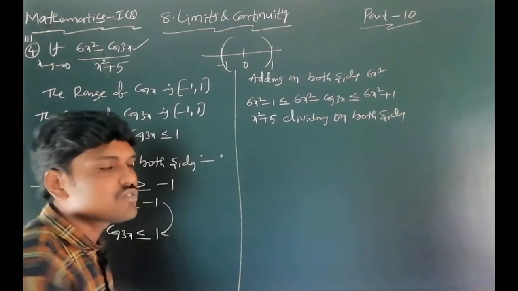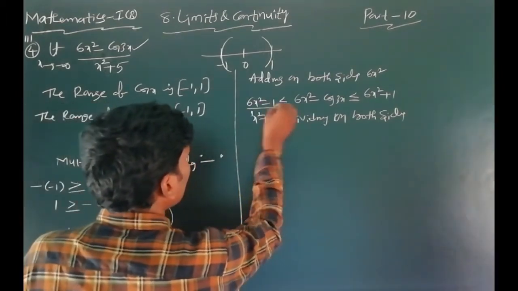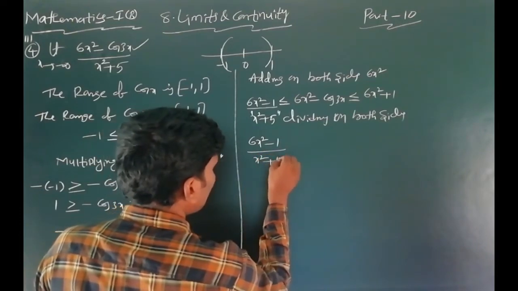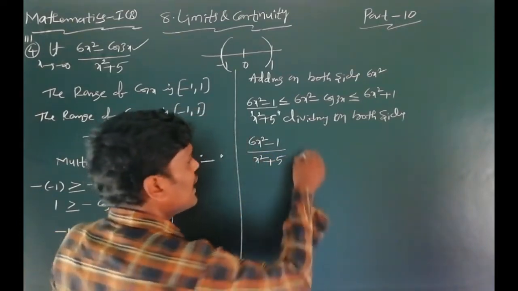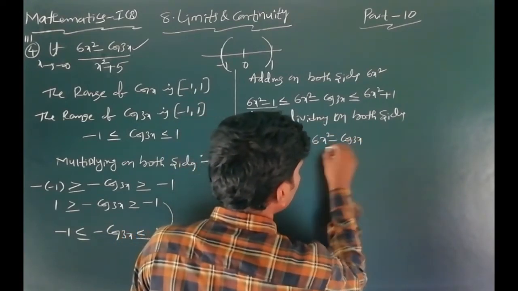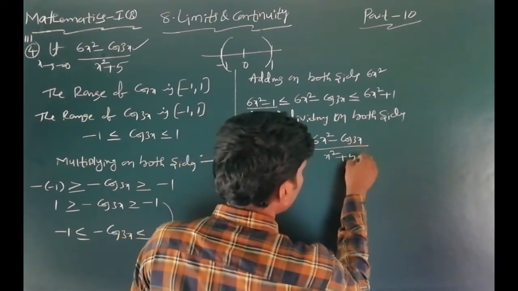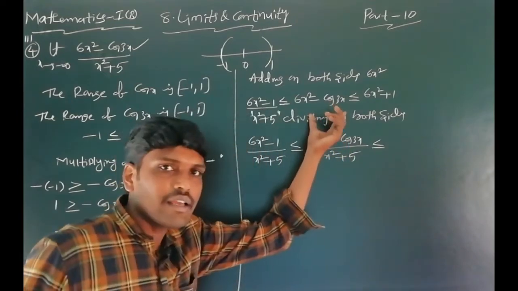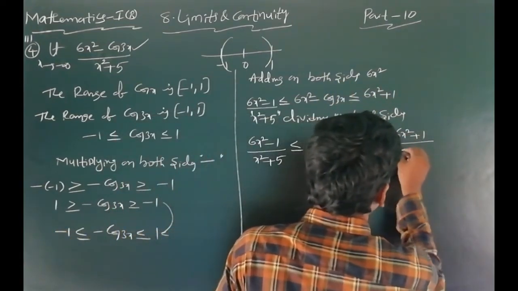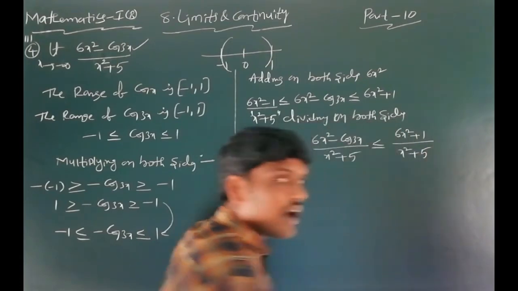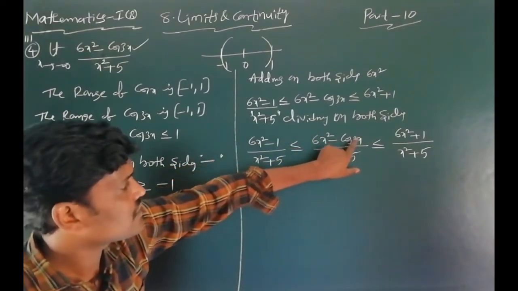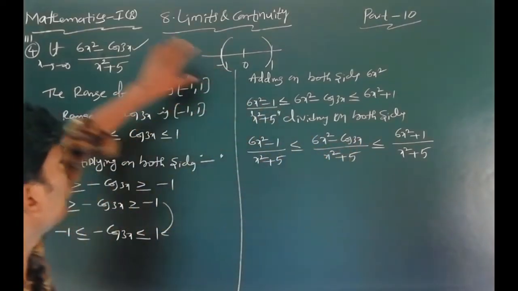First term: 6x square minus 1 by x square plus 5, less than or equal to 6x square minus cos 3x by x square plus 5, which is less than or equal to the third term, 6x square plus 1 by x square plus 5.